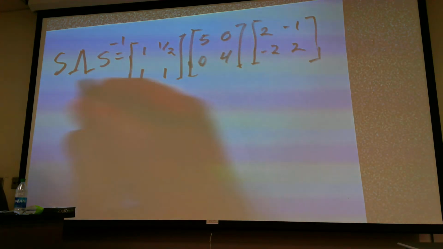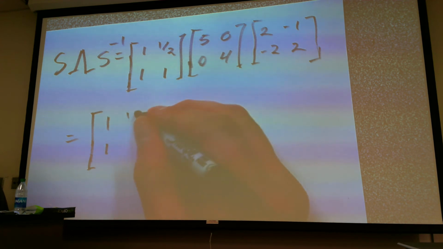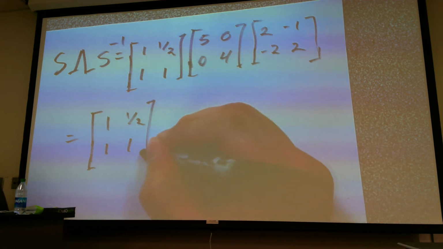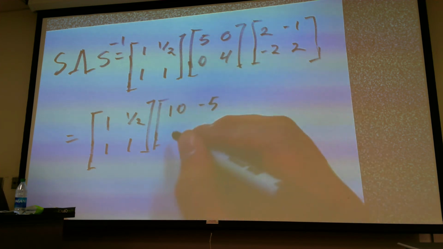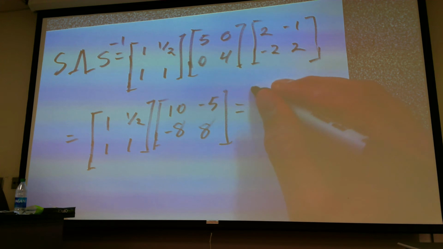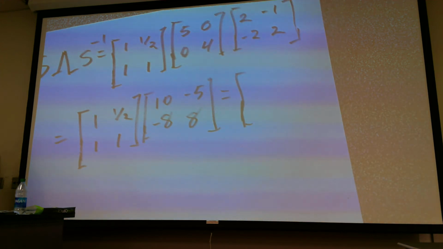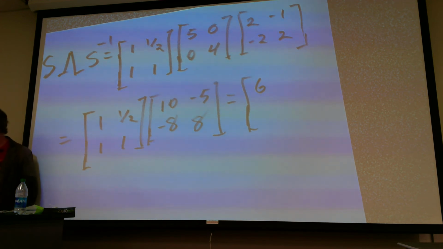That would be 1, 1, 1/2, 1, times 10, -5, -8 and 8. Now 1, 1/2 acting upon 10, -8 would be 10 and then -4, so 10 minus 4 is 6. Then 1 and 1/2 acting upon -5 and 8 would be -5 plus 4, so that would be a -1.